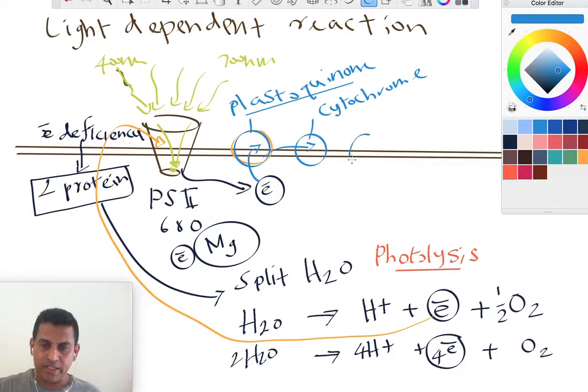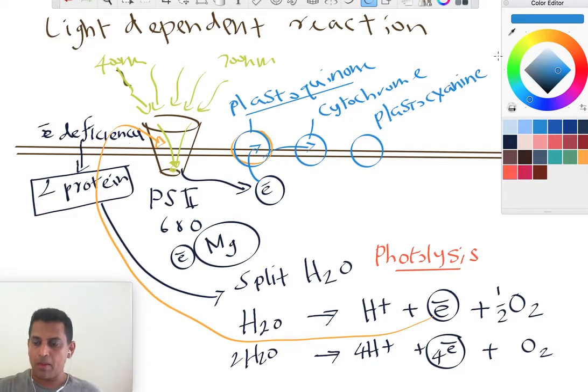And then it moves to the next complex, plastocyanin. First it moves to the plastoquinone complex, then to the cytochrome complex, then to the plastocyanin complex.